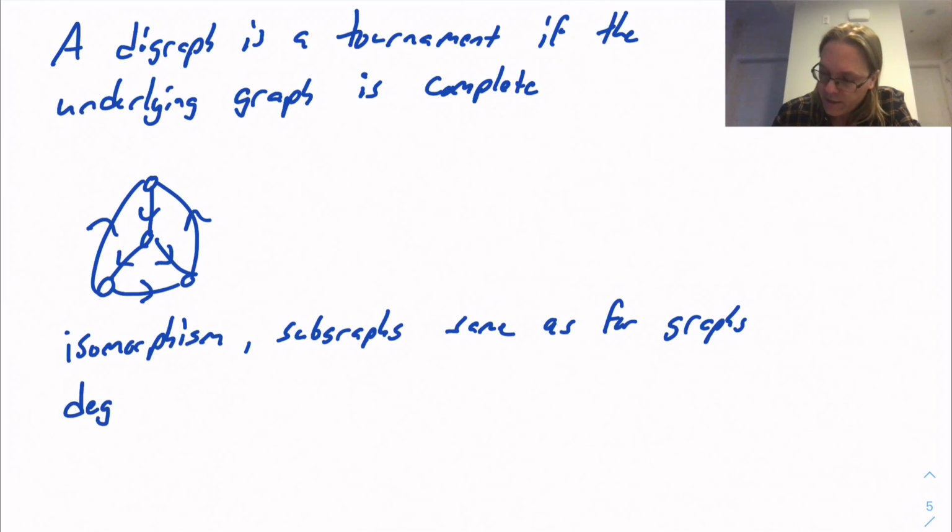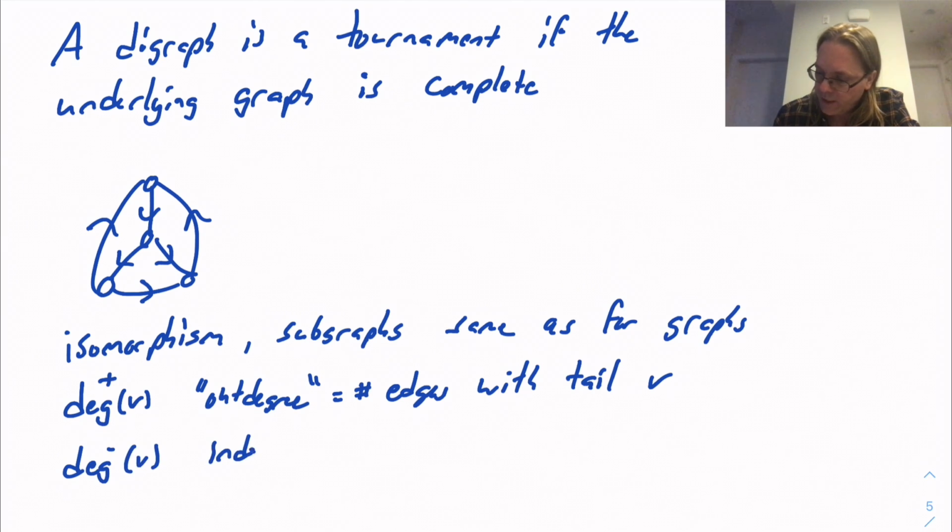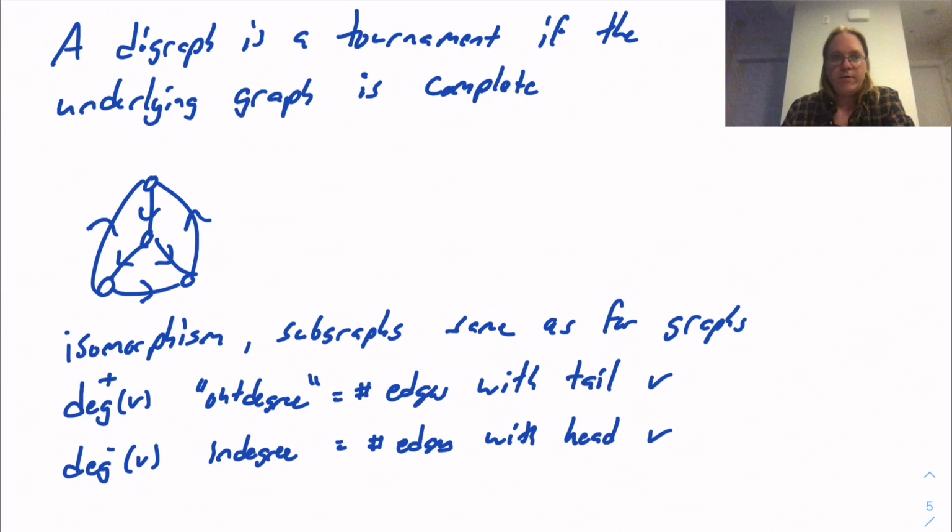So we're going to define degree plus of V. This is called the out degree of V. This is the number of edges with tail V. Degree minus of V is the in degree. This is equal to the number of edges with head V.